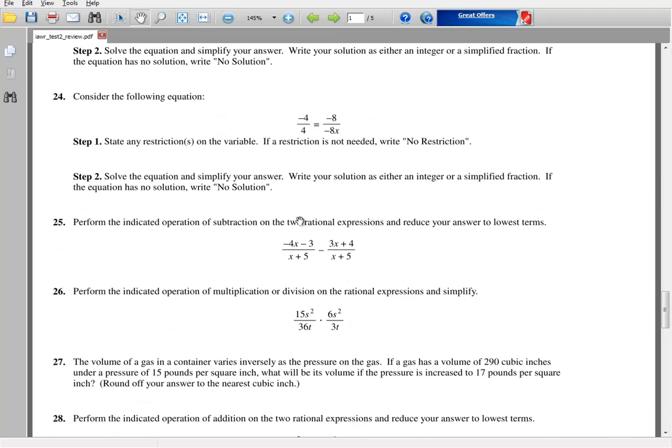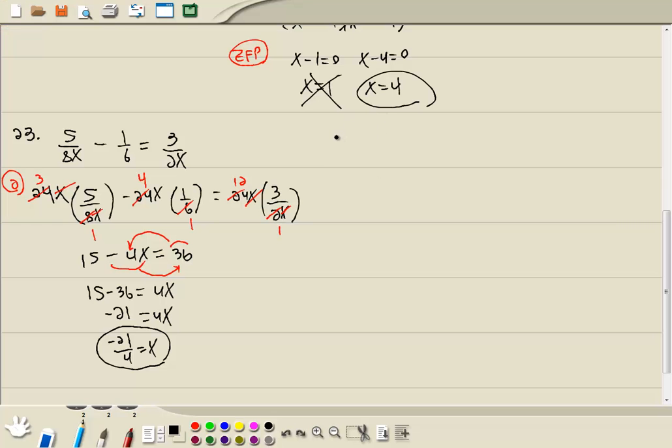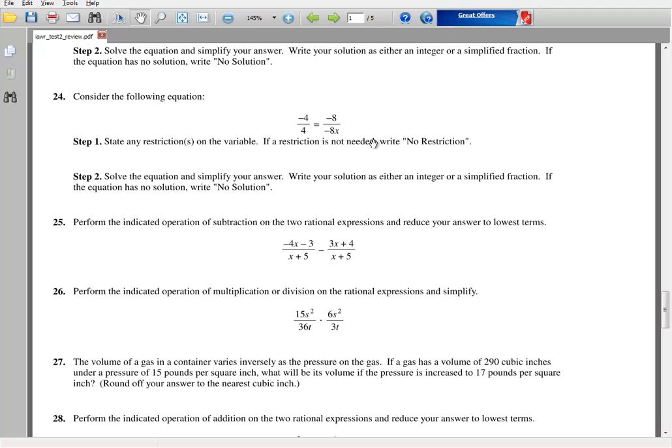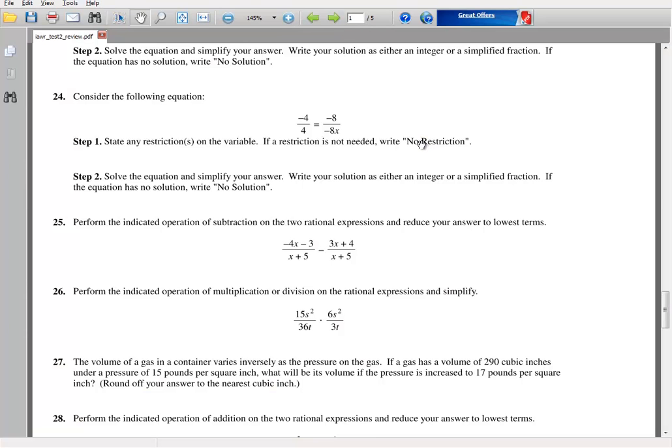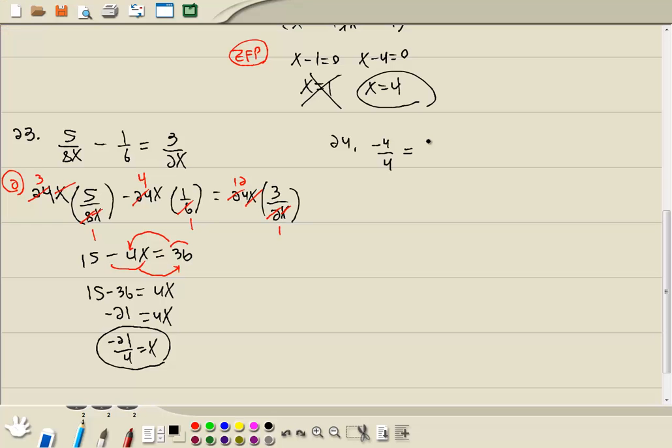24. We've got negative 4 over 4 equals negative 8 over negative 8x. Before I do anything in this problem, I notice that fractions can simplify. 4 and 4 are both divisible by 4, so I got negative 1 over 1.